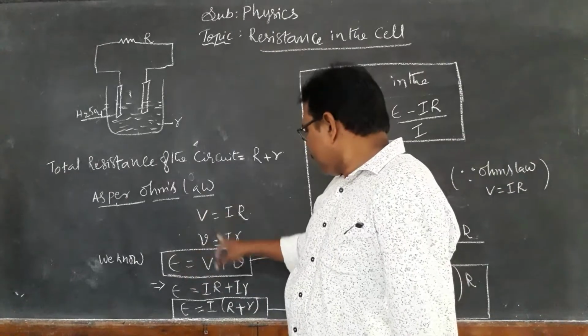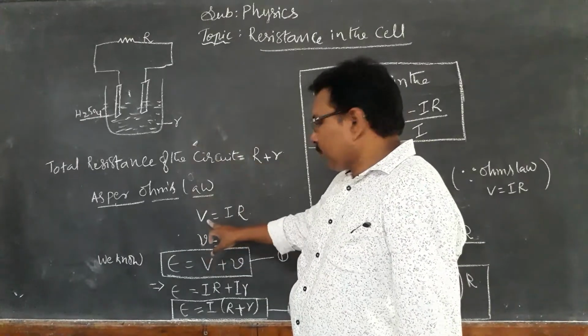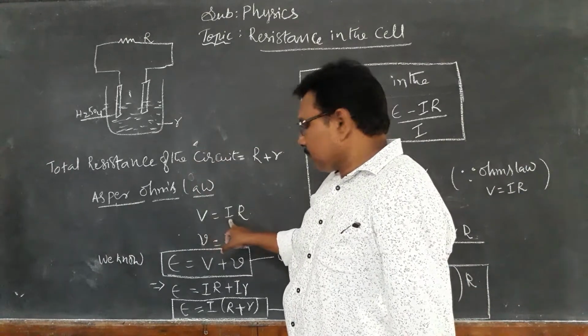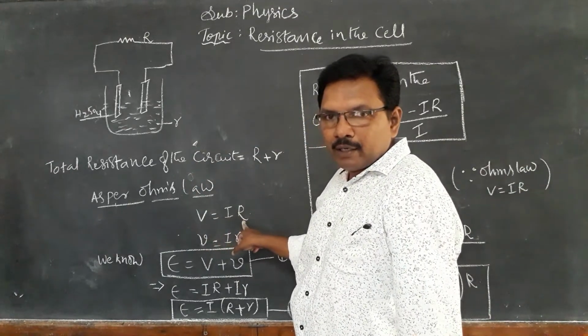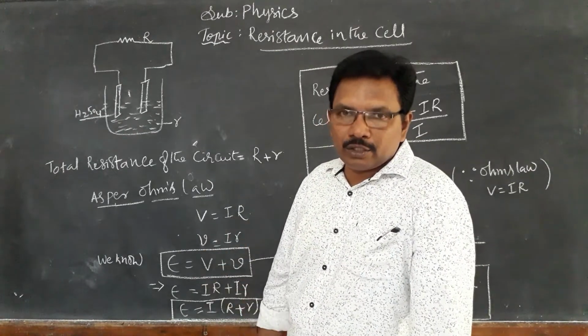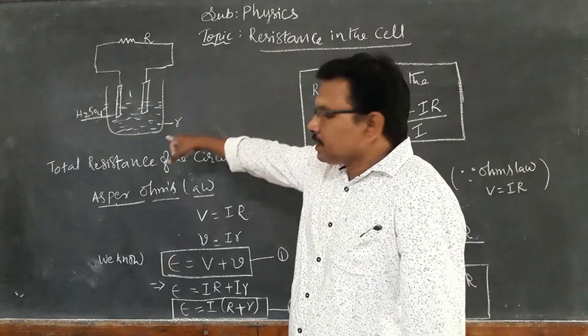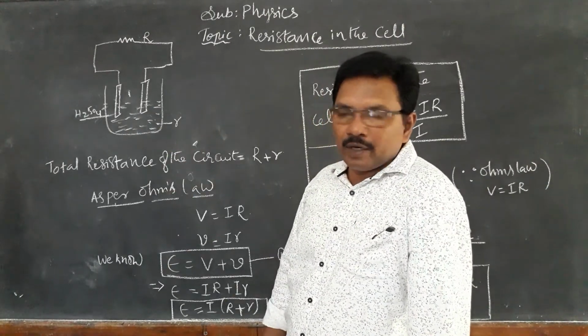Outside the cell, the circuit potential difference is equal to I capital R. You know potential difference means energy supplied, the energy required to carry the charge.